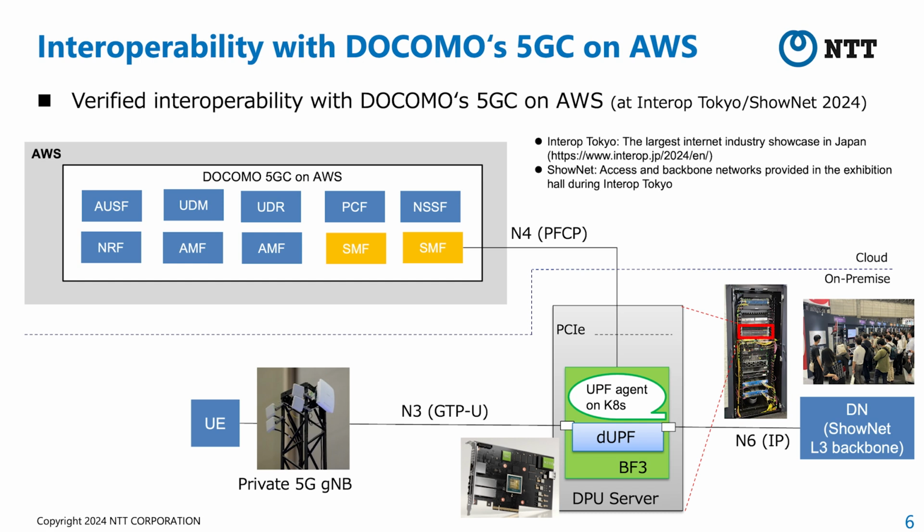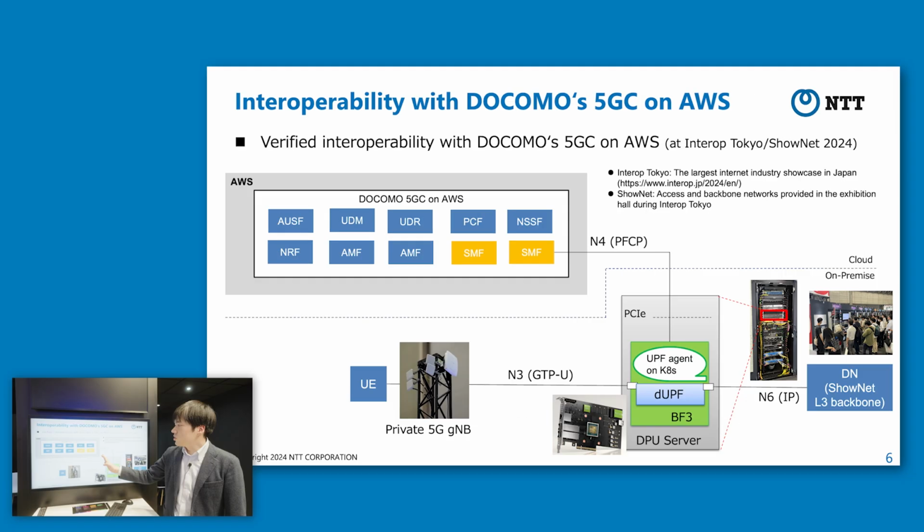Okay, next, we have started the collaboration with the Docomo team to challenge interconnecting DUPF and Docomo's 5GC on AWS. In DUPF, more complex protocol processing for linking with 5GC was required than before, because the connection destination is the same software as Docomo's commercial 5GC.